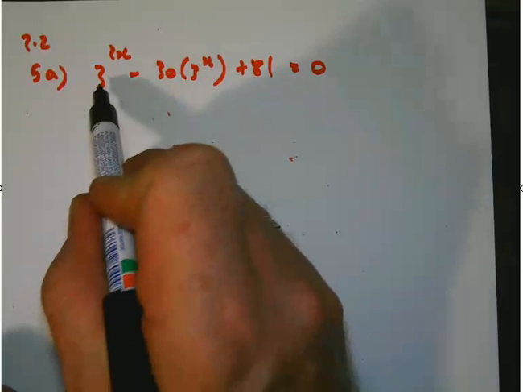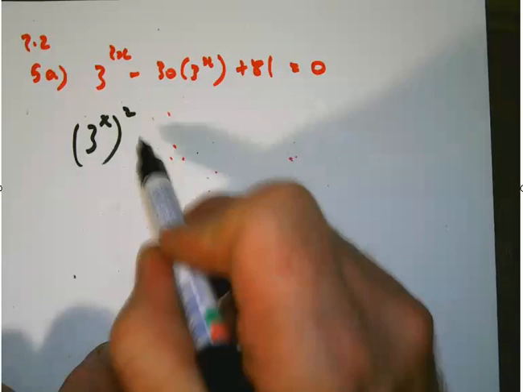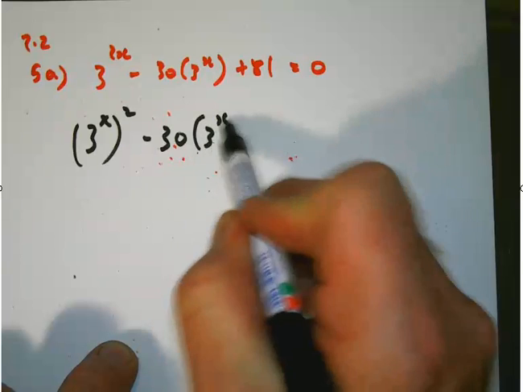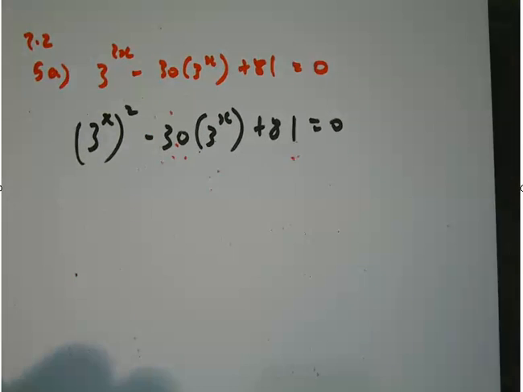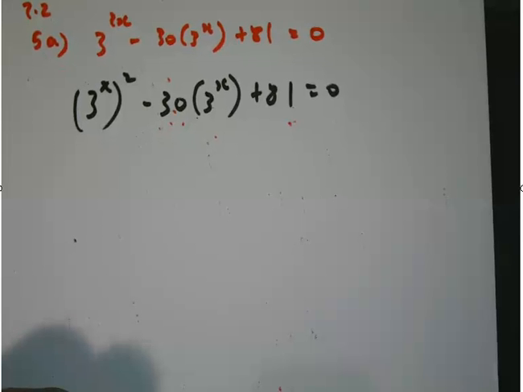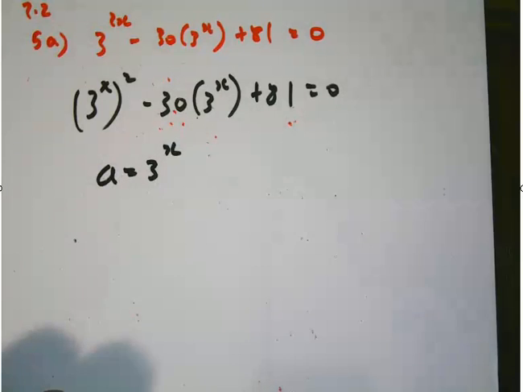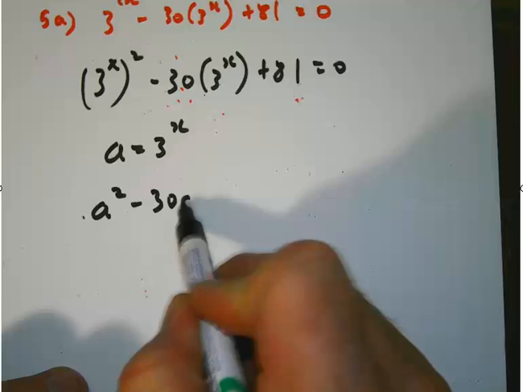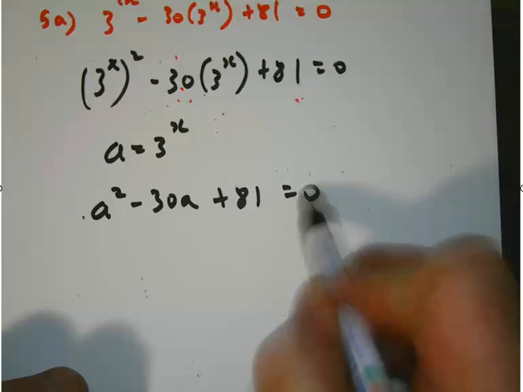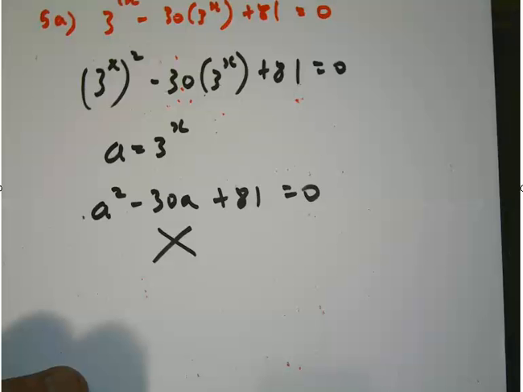If I isolate this, (3 to the power of x) all squared minus 30 times 3 to the x plus 81 equals 0, it looks decidedly like a quadratic trinomial. And if I say let a equal 3 to the x, it really becomes a squared minus 30a plus 81 equals 0. And I should be able to factorise that.